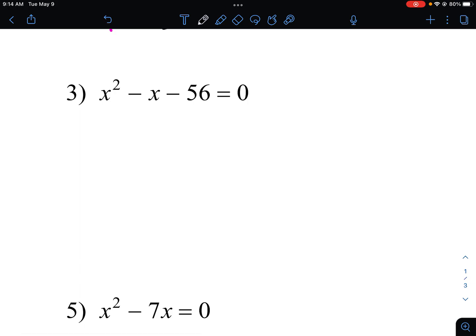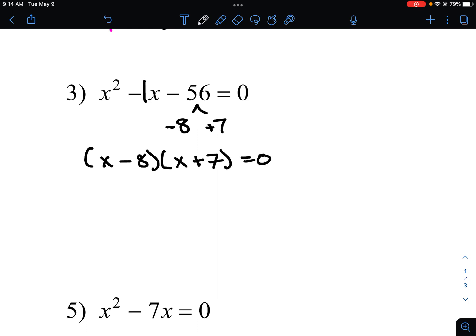So we need to remember our other factoring techniques. Let's think of our tree. So 56, the factors are 8 and 7. And a negative 8 and a positive 7 will get us to the negative 1. Therefore, we have our first step of factoring: x minus 8 and x plus 7 equal to 0. Now, where we split this one up is right between the two factors. So on the left, we have x minus 8 equals 0.